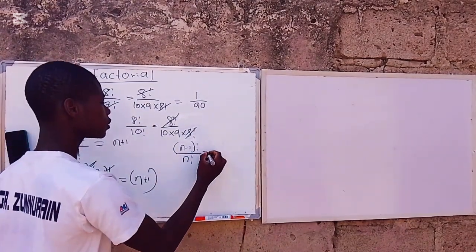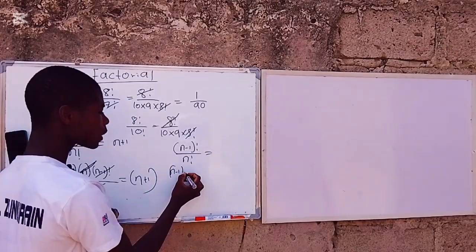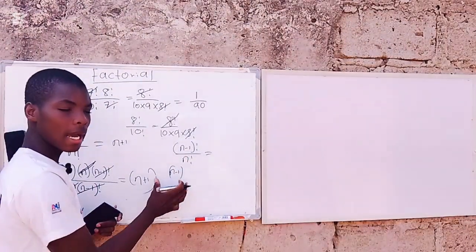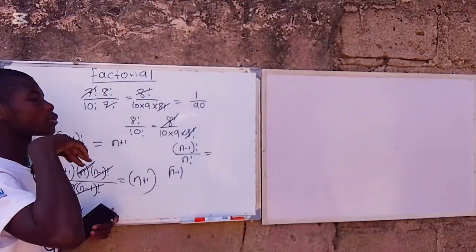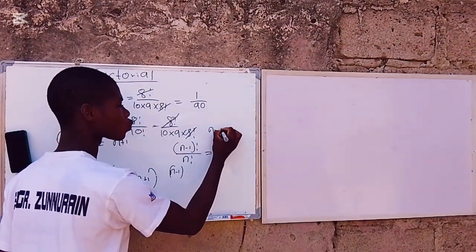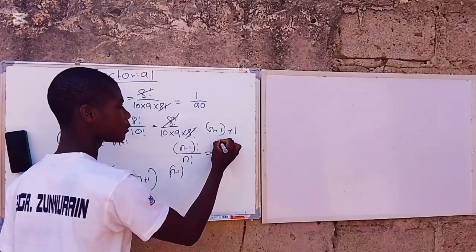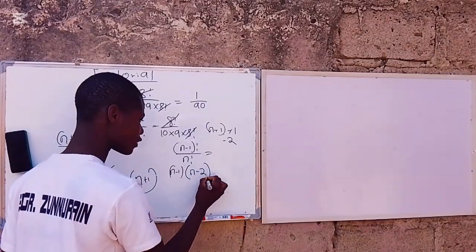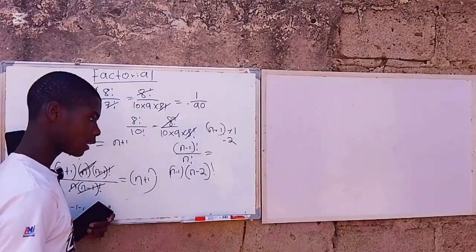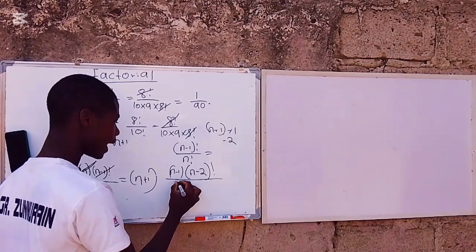So I have to say this should now be equals to, what should I get? n minus 1, I'm going to leave it the way it is, and then I'm going to find n minus 1 factorial, which is I will subtract with 1. N minus 1, then I have to subtract 1 again. This and this will give me what? Minus 2. So this should now be n minus what? Minus 2 what? Factorial.